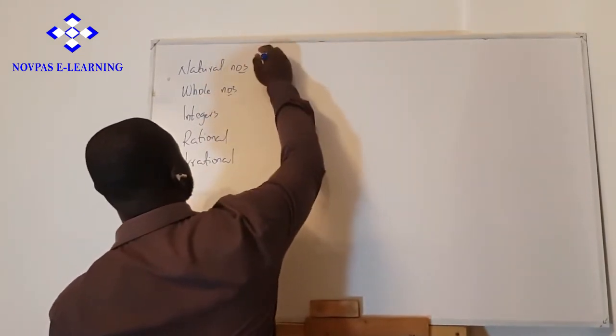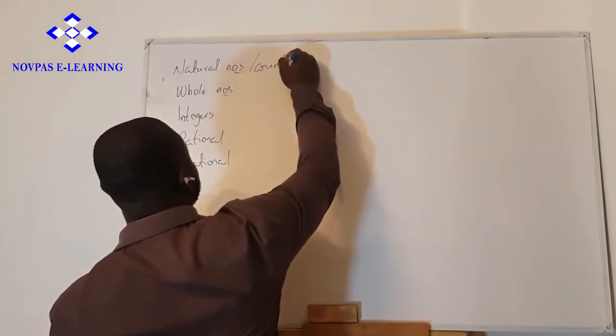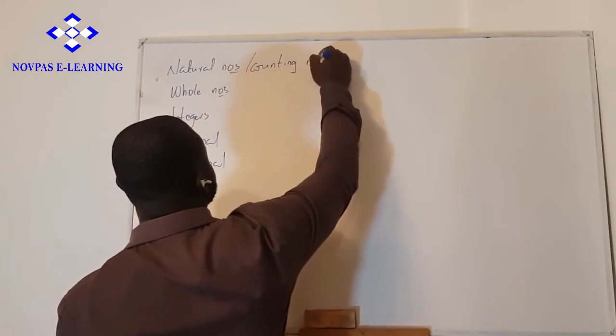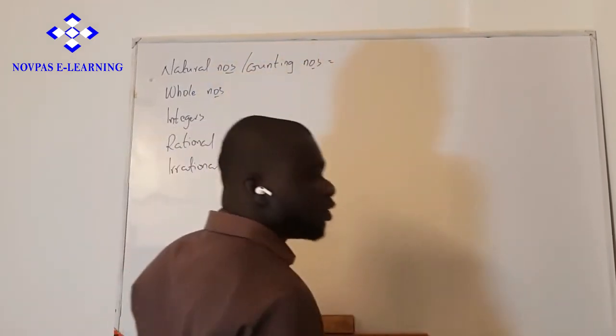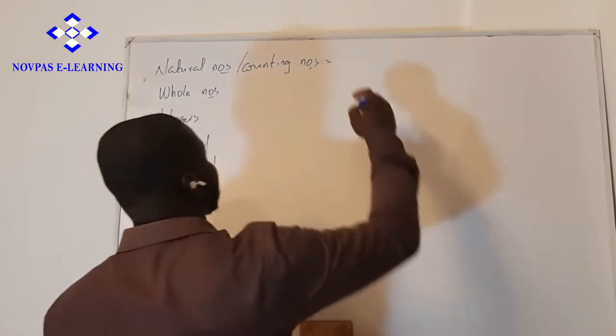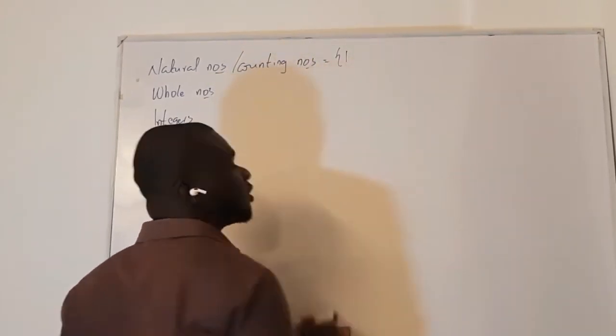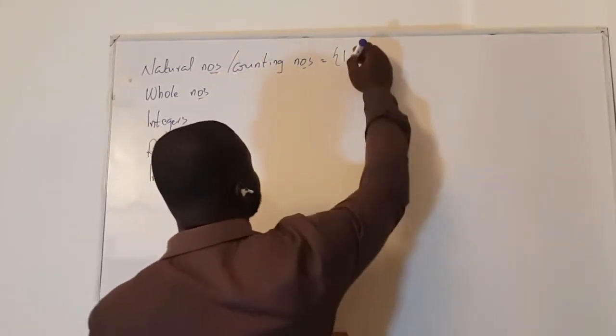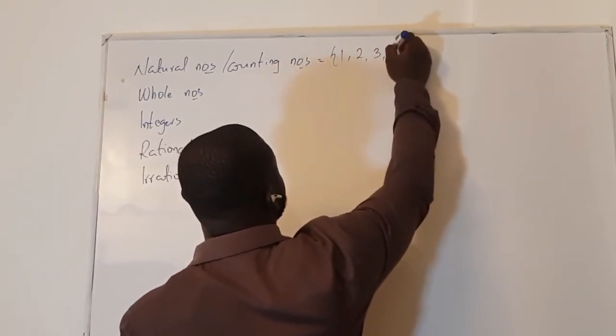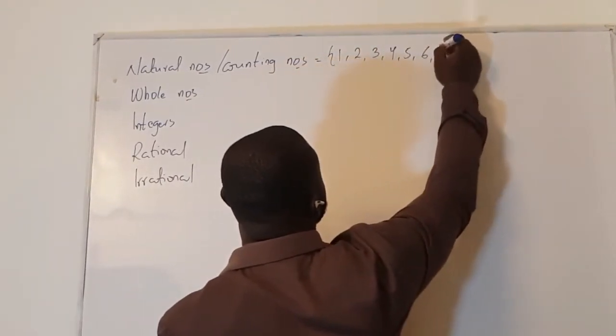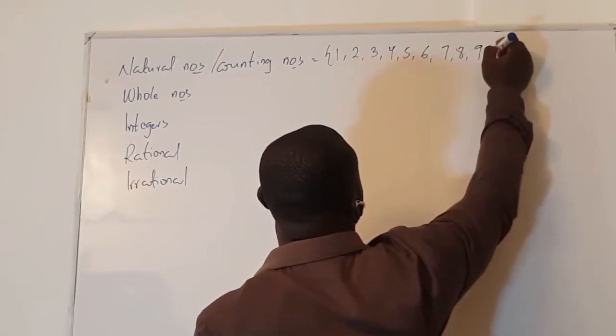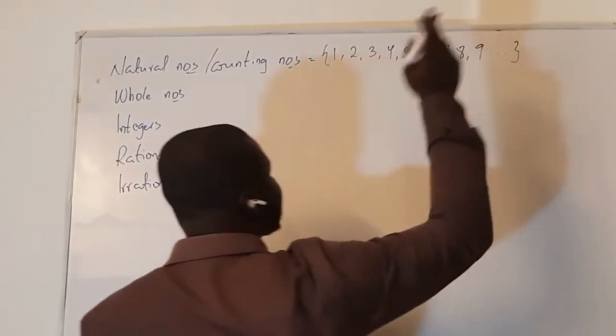Natural numbers are also known as counting numbers, okay? So natural numbers or counting numbers are the set of numbers that starts from what? 1, okay? So 1 apple, so 1, 2, 3, 4, 5, 6, 7, 8, 9 and above.